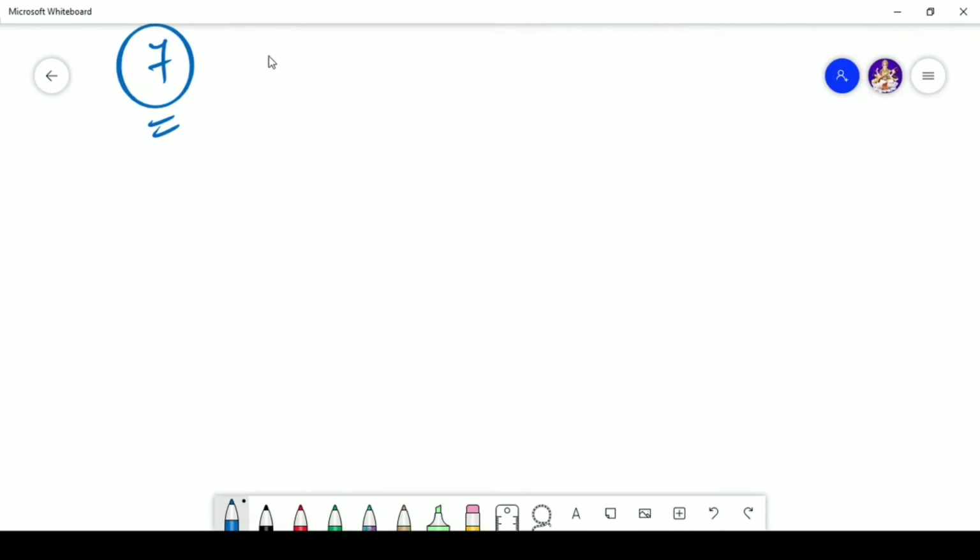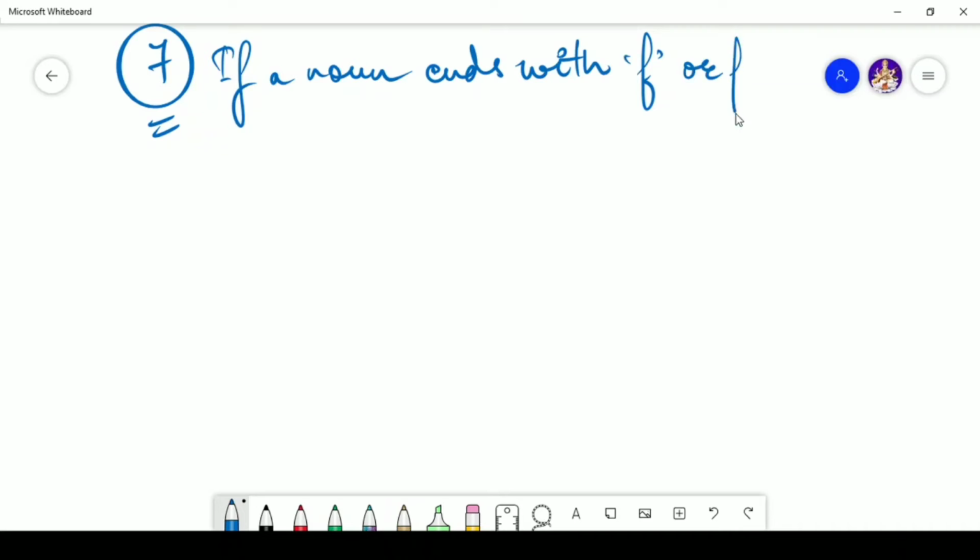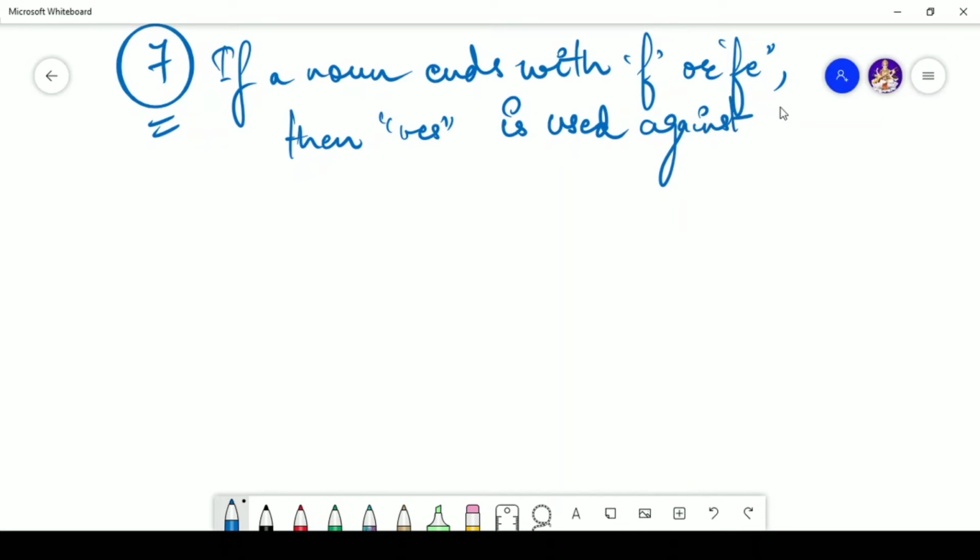Okay, now what does the 7th rule say? The 7th rule says that if a noun ends with f or fe, then ves is used for them.